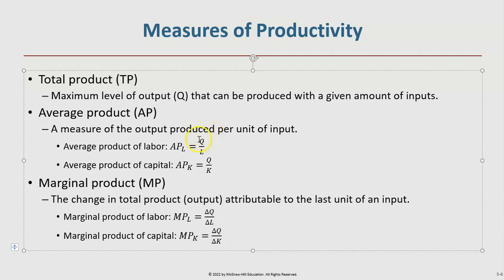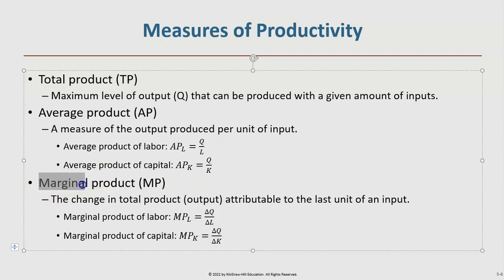You can take the average product of labor: you can figure out how much output you've produced and how many worker hours you have employed and figure out how productive labor has been. Okay, you can do the same thing with capital. Take the amount of production and then divide by some measure of capital that you have. It might be the number of machines, or it might be how much you have used those machines.